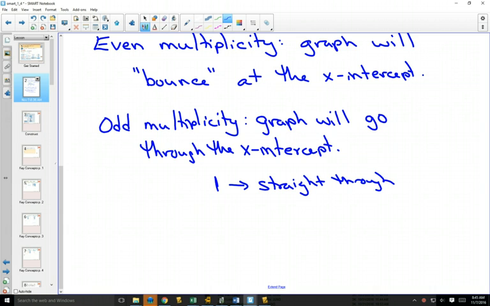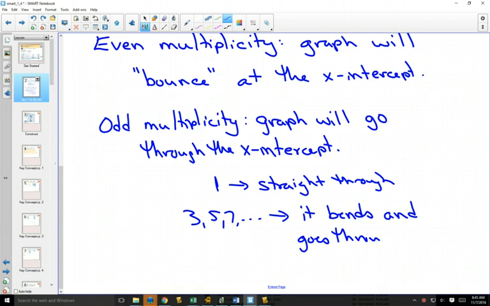But if the multiplicity is 3, 5, 7, anything higher than that, then when it hits your x-intercept, it bends and then goes through.